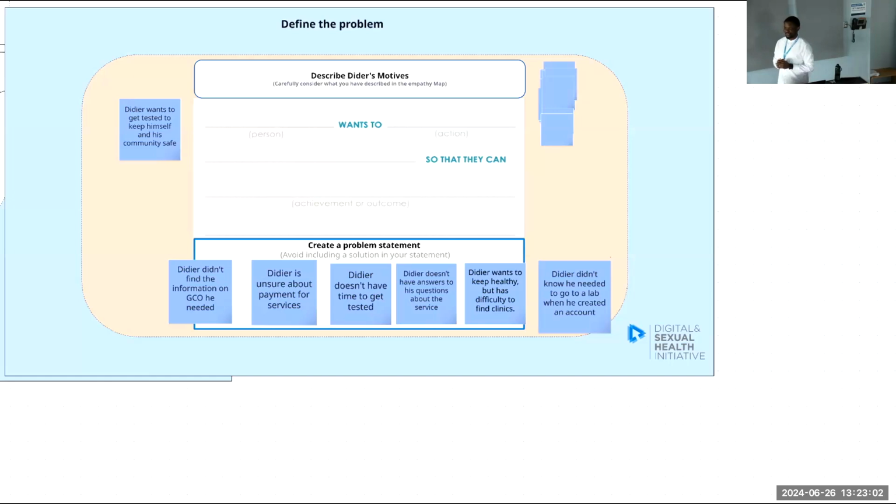Any other comments, questions? Just to follow up on that, our bigger overall problem would have been understanding and being able to access public health services within the Canadian context.